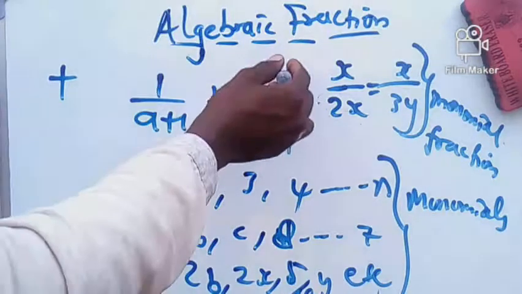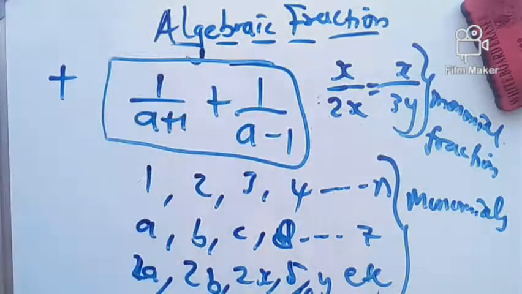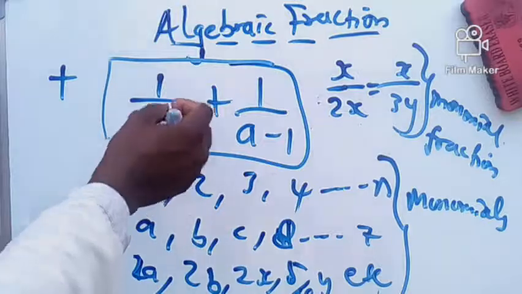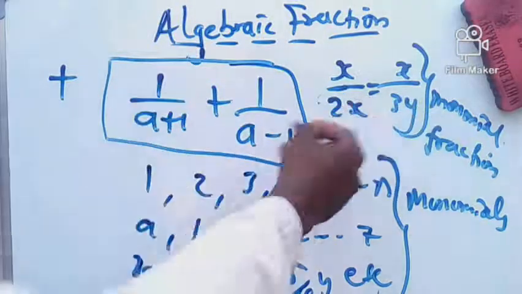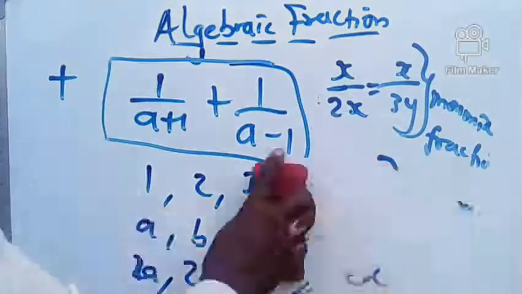Now, looking at this example here, this is a different kind of fraction. Notice that the denominator is nothing like this. The denominator is a combination of two variables or two numbers or two constants bounded by a factor of addition or subtraction. Now, what do we call this type of fraction?